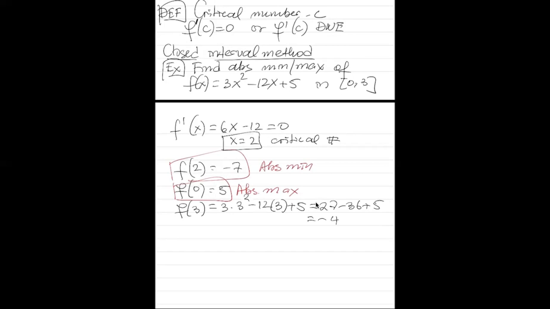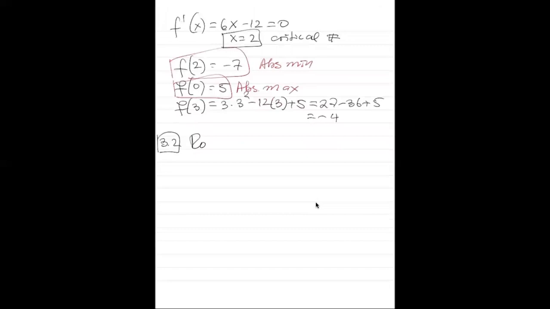All right, 3.2, we had two important theorems. Rolle's theorem and mean value theorem. So Rolle's theorem first. Okay, Rolle's theorem. It had three conditions. If, number one, f is continuous on the closed interval.